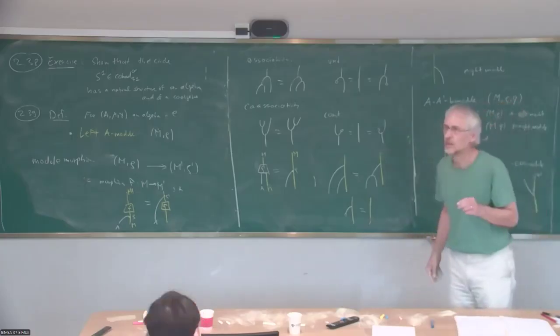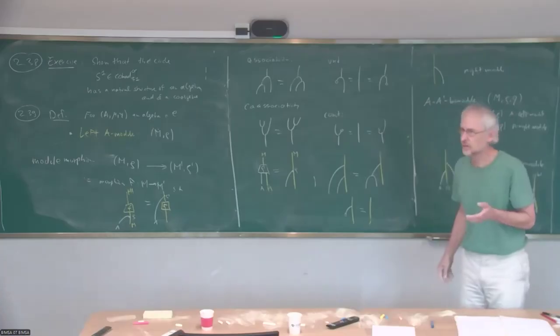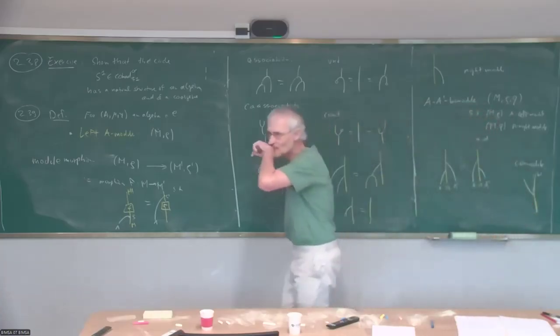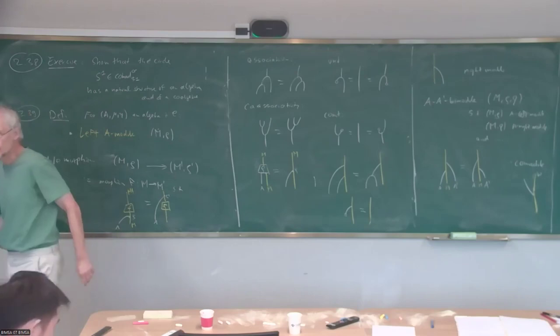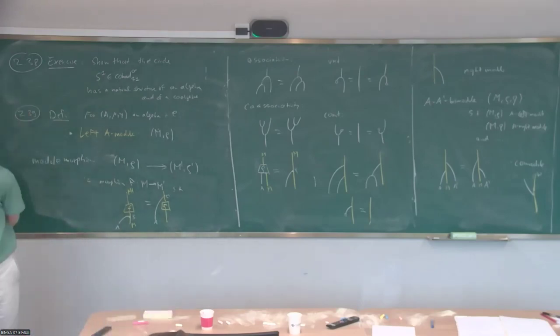Okay. Do you have any further questions? If we define a subalgebra as an algebra monomorphism, and if we want to define an intersection by the pullback of two algebra monomorphisms, is the intersection of subalgebras a subalgebra?